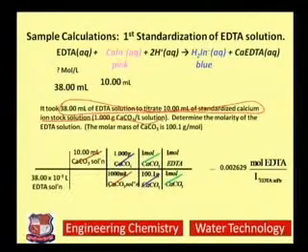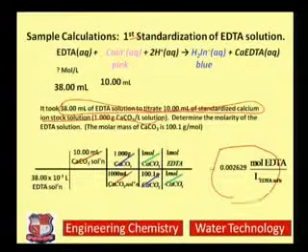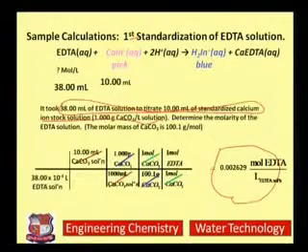Knowing the molarity of EDTA, we can also determine the molarity of the metal complex present in the solution, and in this manner hardness is estimated in complexometric titration or EDTA titration.